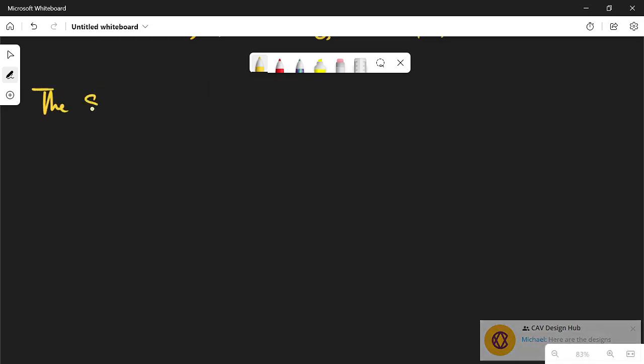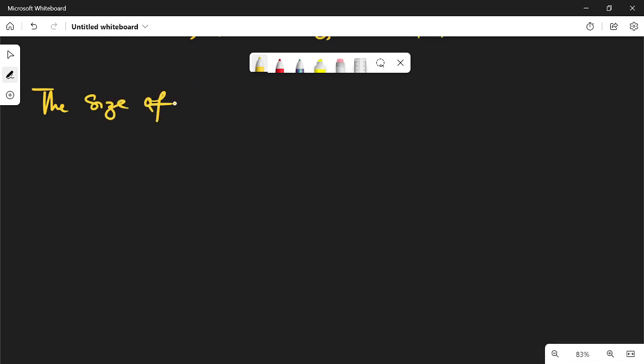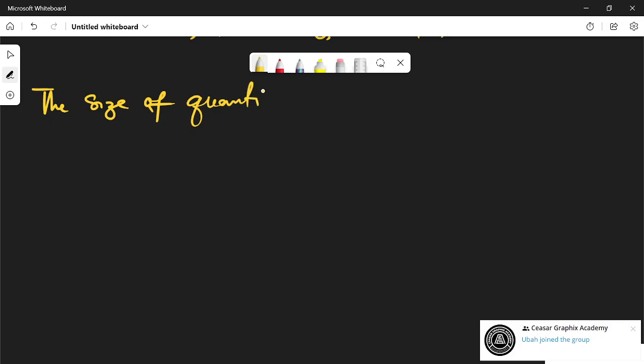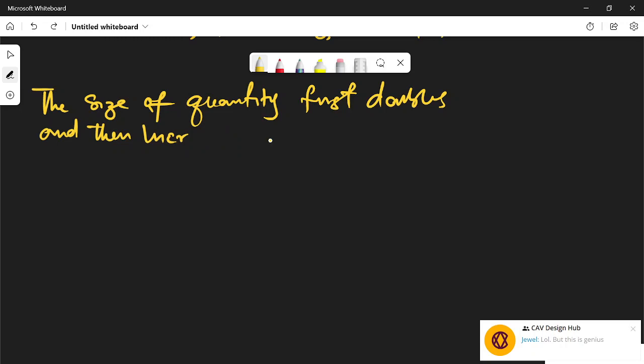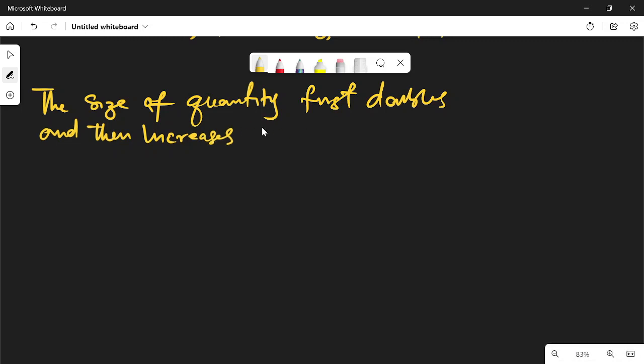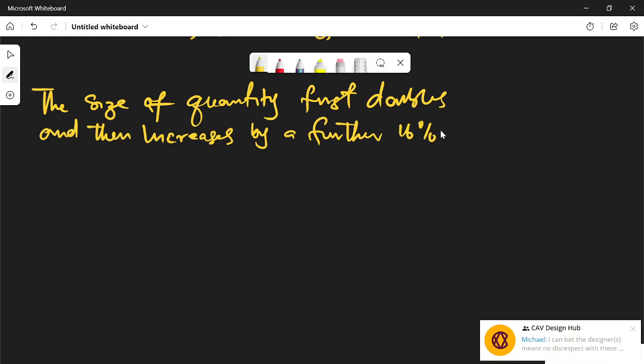The question states that the size of a quantity first doubles and then increases by a further 16%.